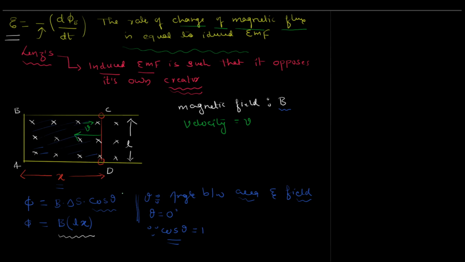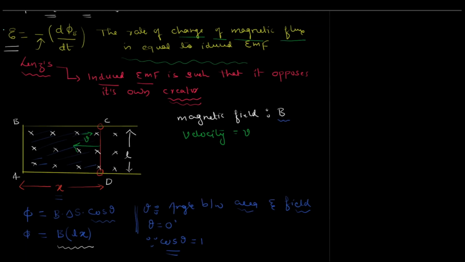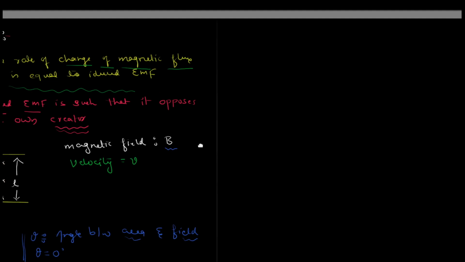Now that you know that flux is changing, the only thing you have to do is use Faraday's law to get the expression for EMF. How do we use it? You only have to find the rate of change of flux. Once you get your hands on the rate of change of flux, that itself is going to be your EMF, right? So you got the expression for flux. Now we'll just be using Faraday's law.